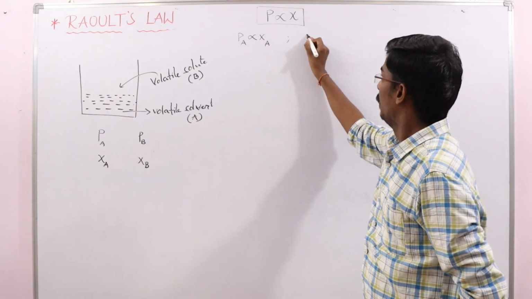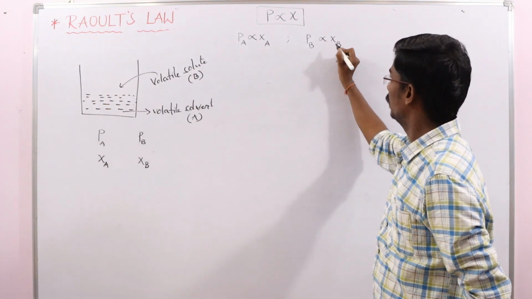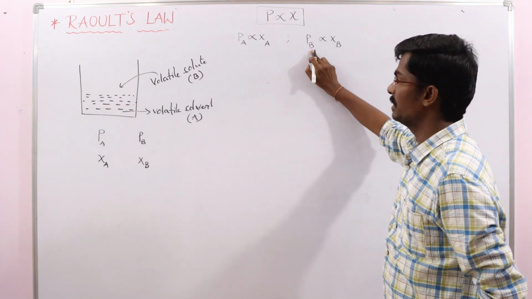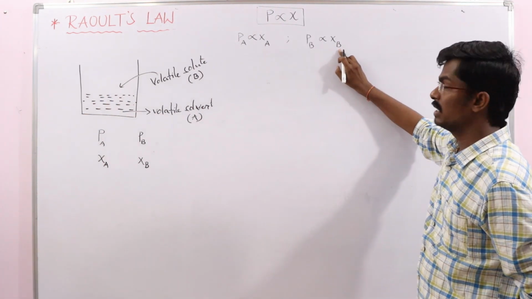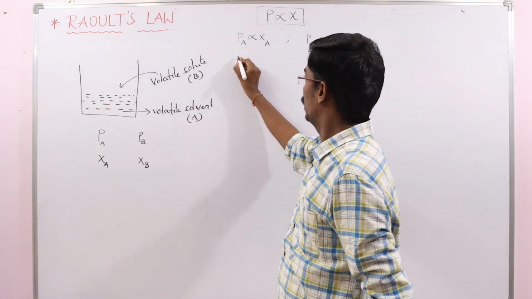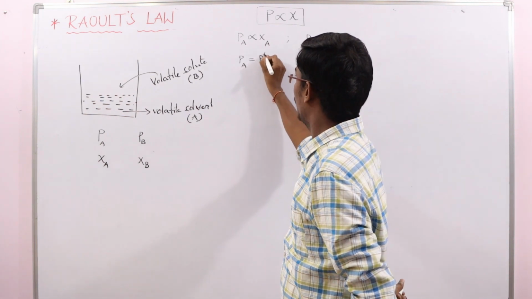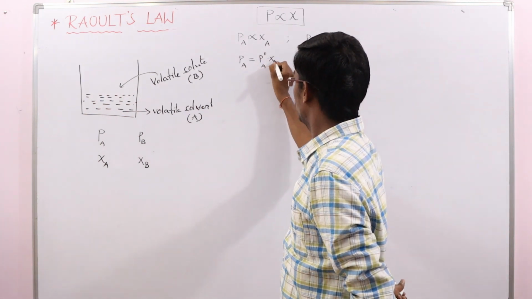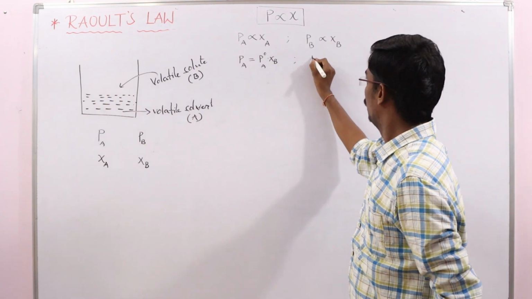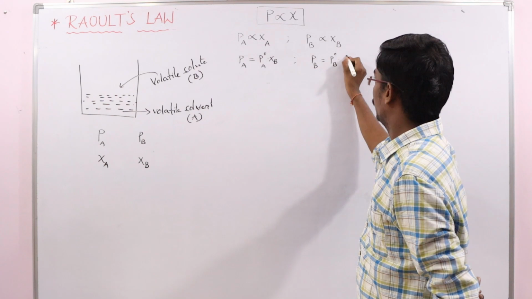In a similar way, PB is directly proportional to XB. PB is the partial vapor pressure of component B, and XB is the mole fraction of component B. When you remove the proportionality, you get PA equals P naught A XA, and similarly PB equals P naught B XB.